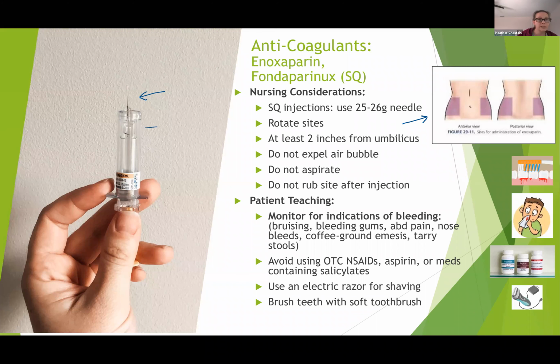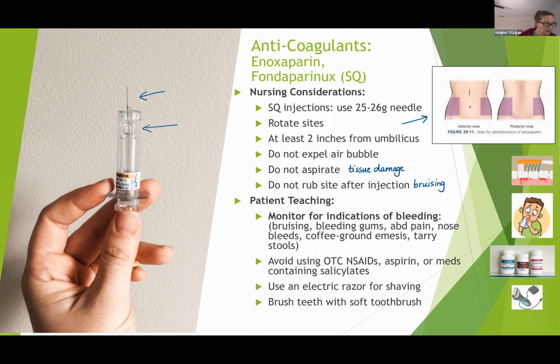You do not want to expel this air bubble right here, okay? Because that enables you to give all the medication, since the bubble ends up behind the medicine and gives it that push. You do not want to aspirate because it can cause tissue damage. You do not want to rub the site after injection because that will cause bruising.